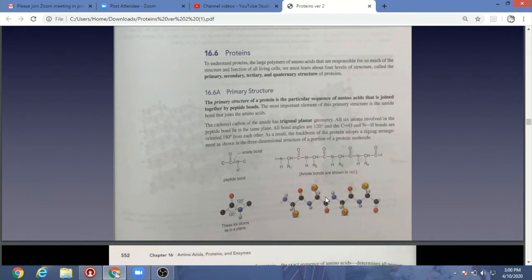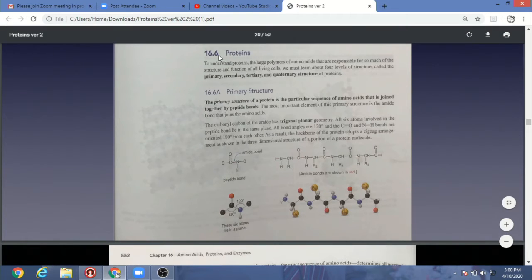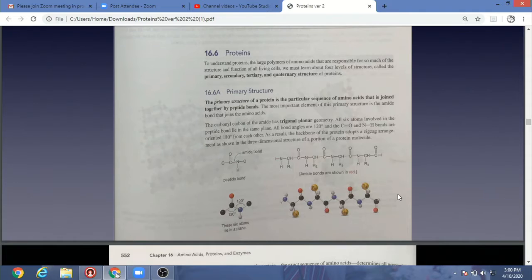But for now, if you were to stop here, what we've discussed so far, you would have the primary structure of a protein. The primary structure is simply the particular sequence of amino acids, okay? And again, you pretty much just have a straight line. It's not going to stay this way, but I'm just saying if you were to stop here, you would just have a straight line of amino acids with this zigzag.